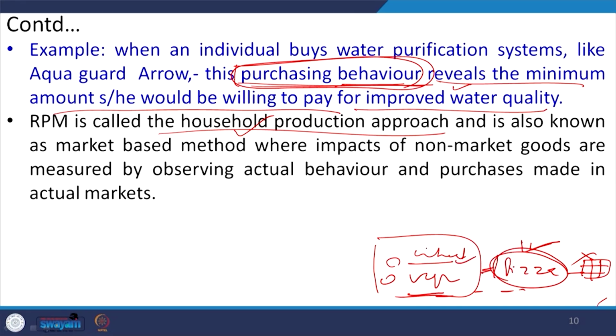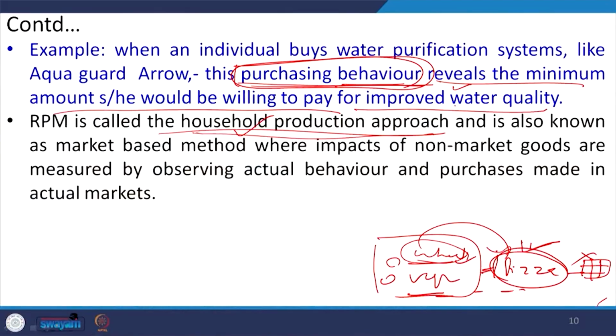This example illustrates the household production approach, because households prefer different things, but it is not actually the raw materials they wish to consume. They produce with them to obtain some final target or final consumption.